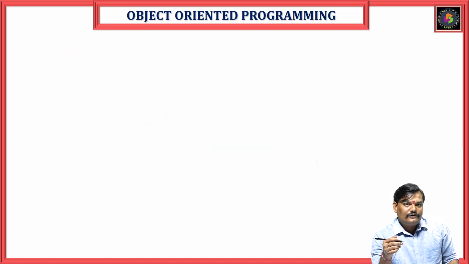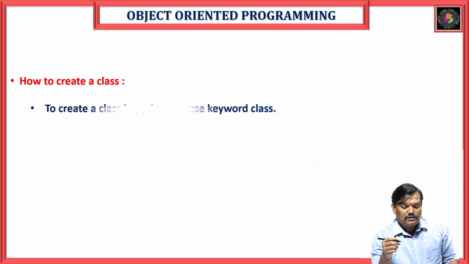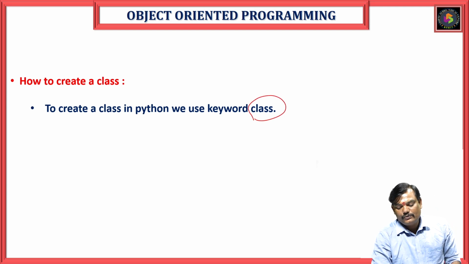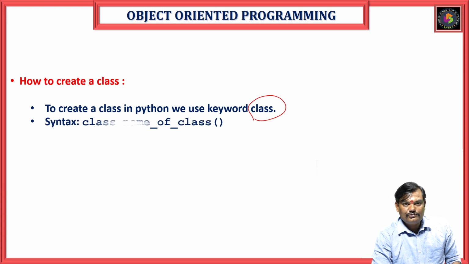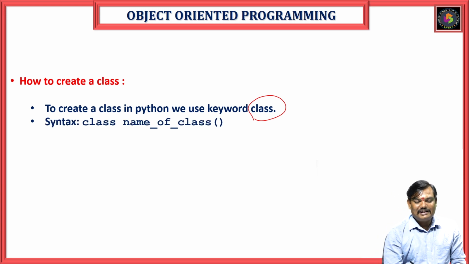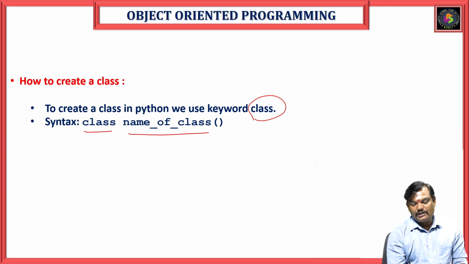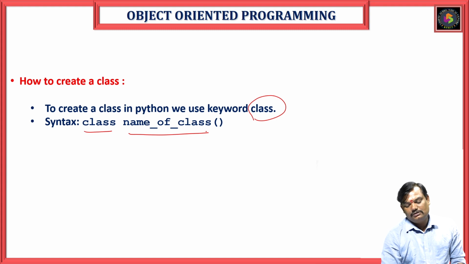Whenever you want to define a class in an object-oriented program, you have to use a keyword called class. By making use of this keyword class, we can define a class in an object-oriented program by making use of Python. So what is the syntax for defining this class? A class keyword followed by the name of the class that you have to provide.